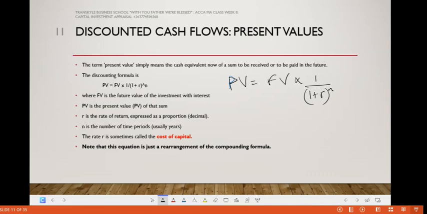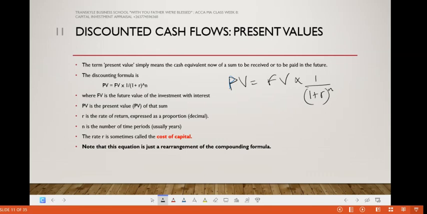What's the difference between the present value and future value? They are quite different. When you are talking of the present value, we are simply saying the amount which we expect to receive, or let's say if we invest 5,000 today, how much will it be worth in the coming period?